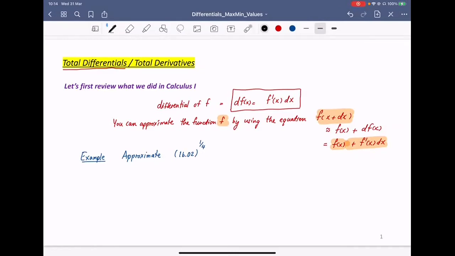Because 2 raised to the fourth power is 16. So for 16.02, if you take the fourth root, you should get 2 and a little bit something.